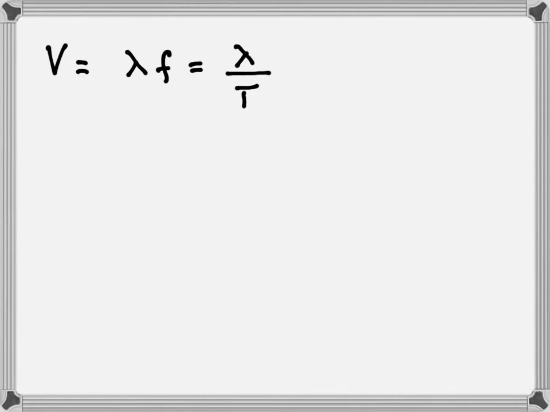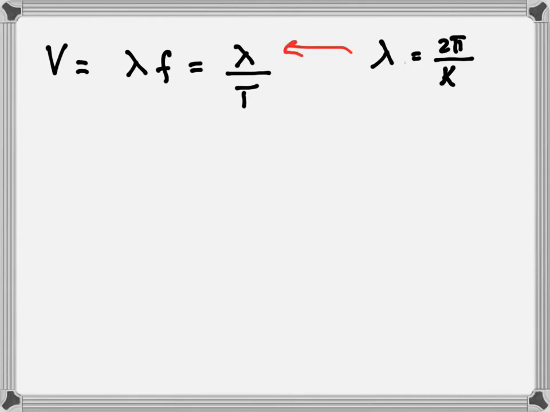Now the velocity of a wave was discussed in a previous video as lambda times the frequency. You can also write it as lambda divided by the period. Now if we use the wave number, 2 pi over lambda, we can solve for lambda in terms of the wave number k. So lambda is 2 pi over k.